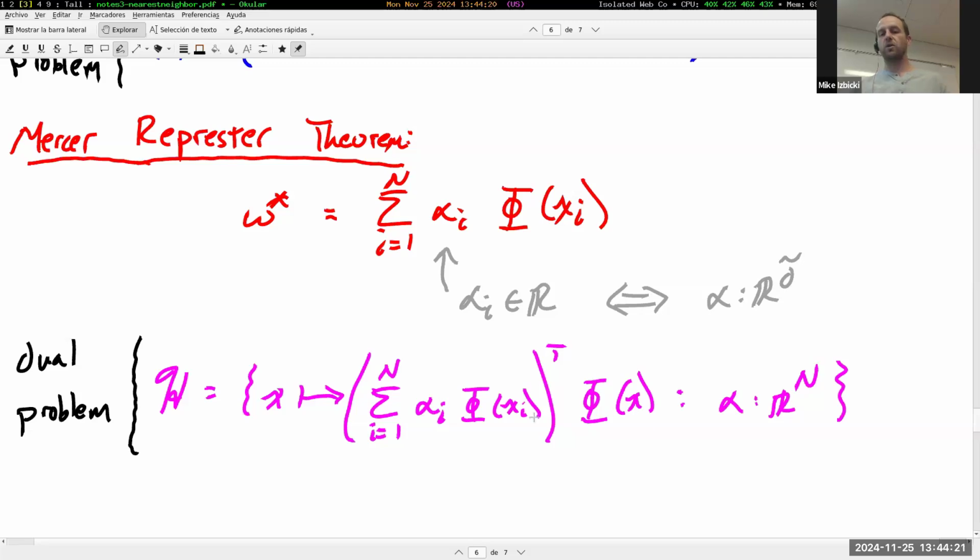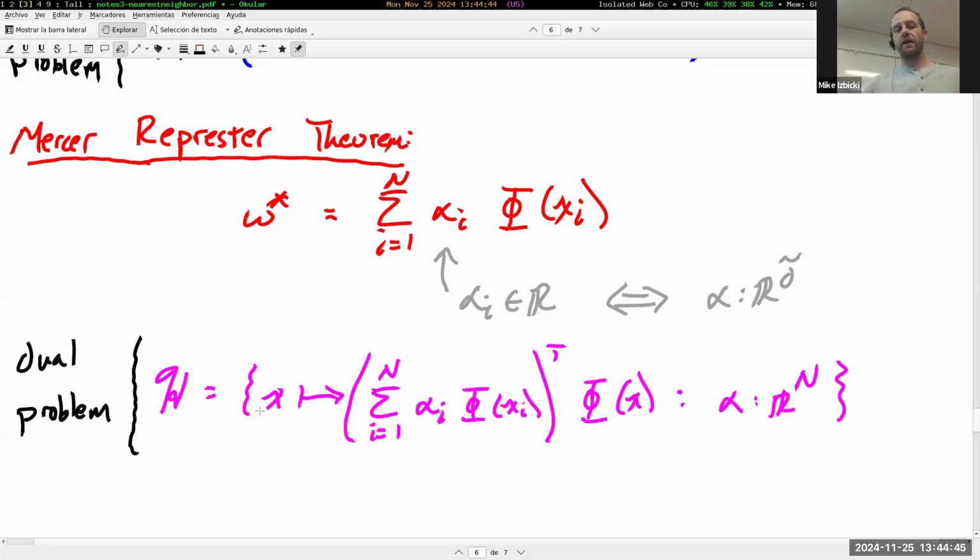And so if we do learn this alpha vector, then we could recover this W star vector by this formula right here. If we have the optimal alphas and plug them into this formula, then we will get the optimal W star. So the alpha values and the W value are somehow representing the same exact information.